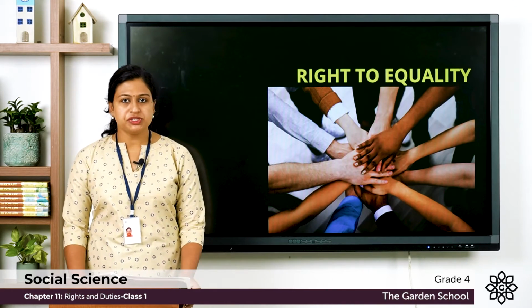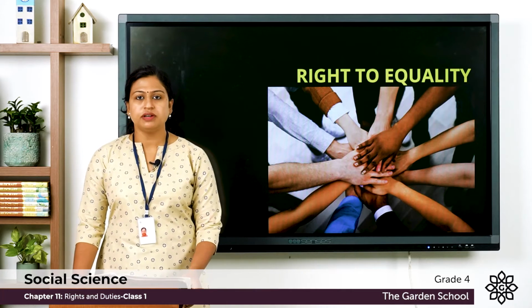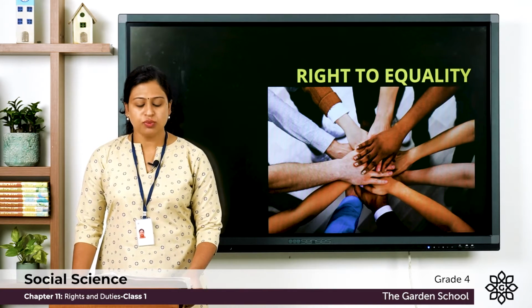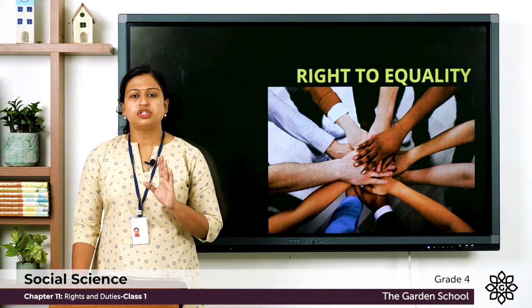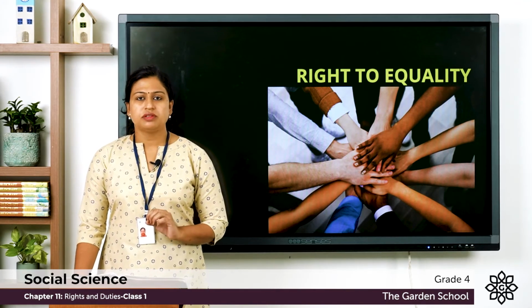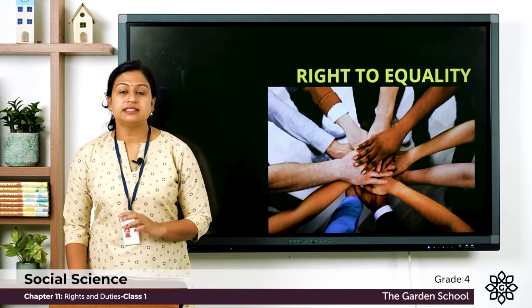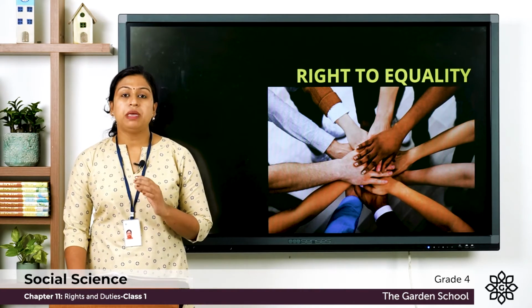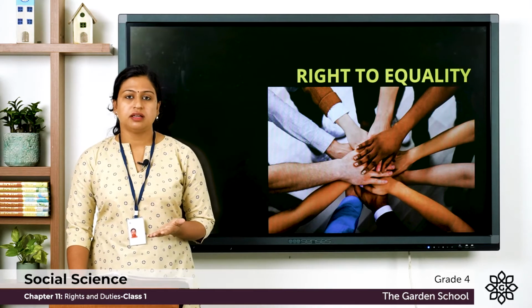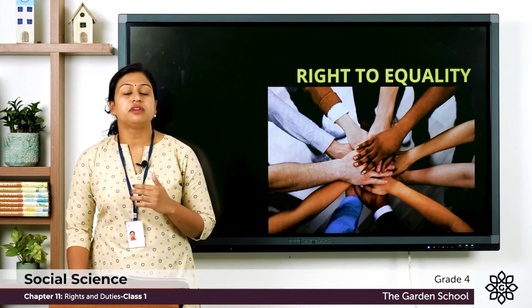Here on page number 96, you can see the first right, the right to equality. The basic meaning is that all citizens should be treated equally. You all know that India is a vast country and a land of diversities where people live in different states and practice different religions.